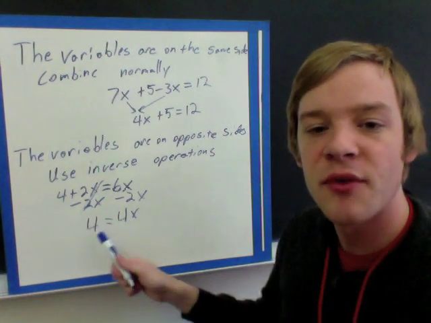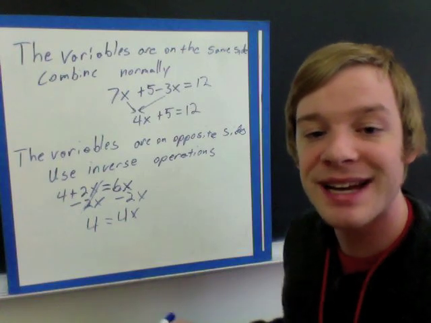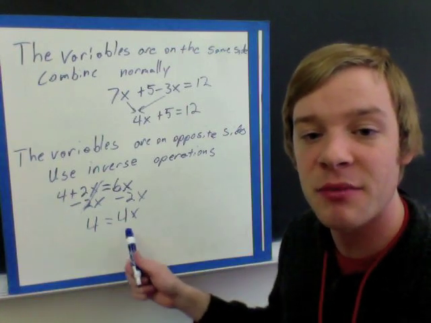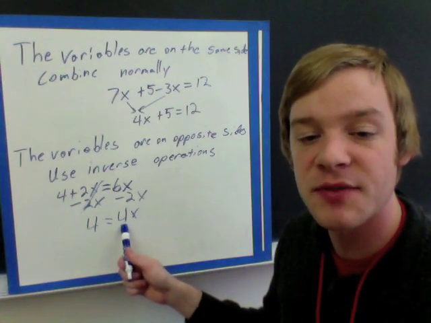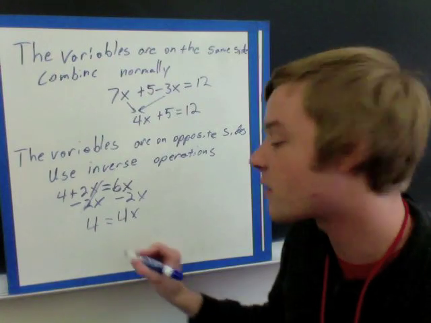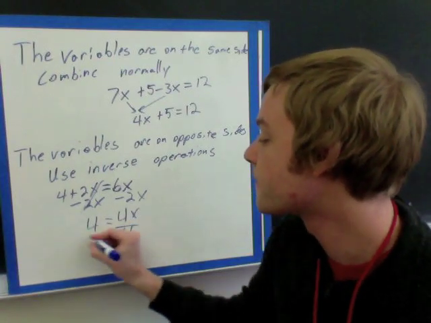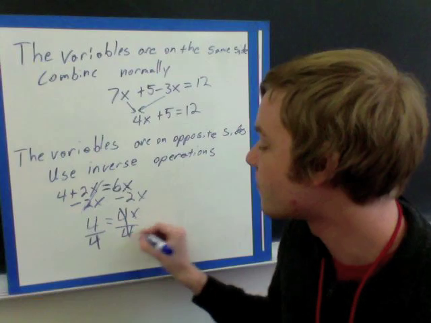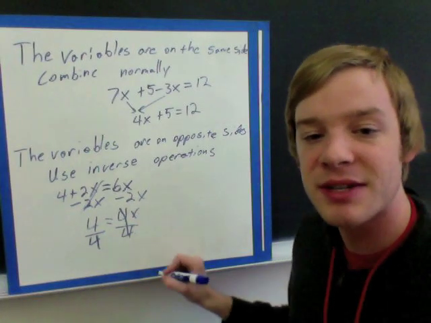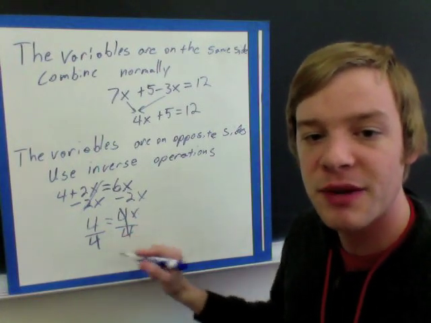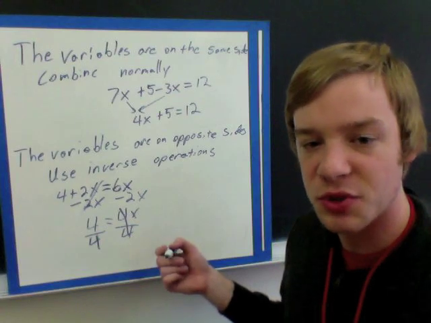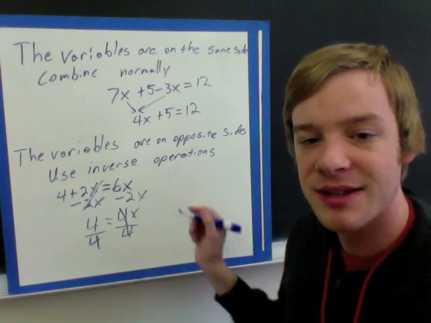So now I have 4 equals 4x. To get x by itself, I need to divide by the number that's in front of it. In this case, it's 4, so I'm going to divide both sides by 4. These two cancel out, and 4 divided by 4 is 1. So that means x is going to equal 1.